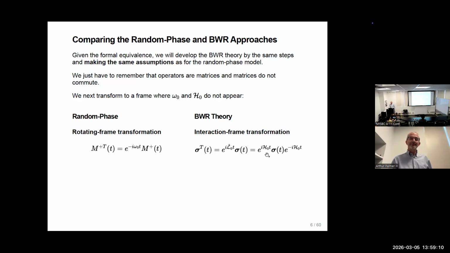in which we have a unitary transformation of the density operator. How do I know this is unitary, by the way? Well, it turns out that the exponential of a Hermitian operator is unitary. And you can see that kind of trivially: e to the i H naught t times e to the minus i H naught t is just the identity, right?